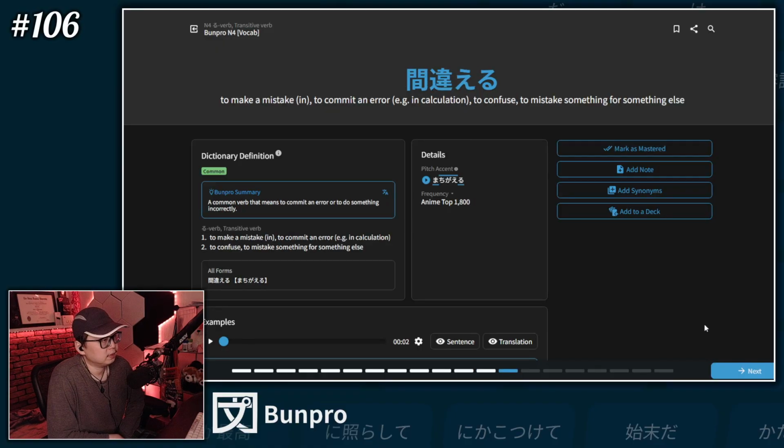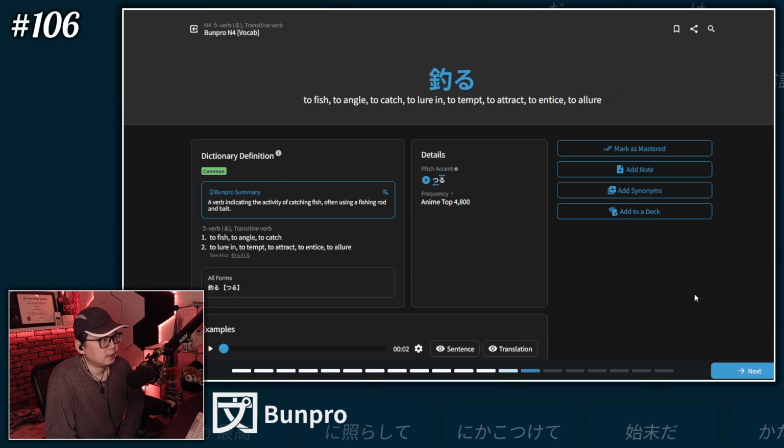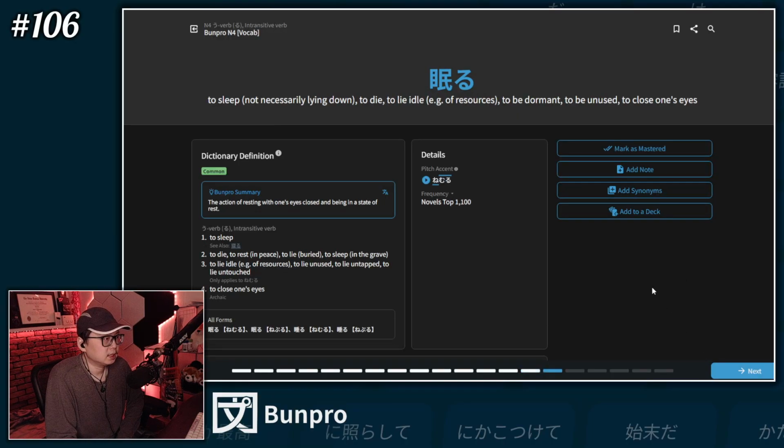A common verb that means to commit an error or to do something incorrectly, right? Okay. A verb indicating the activity of catching fish, often using a fishing rod and bait. The action of resting with one's eyes closed and being in a state of rest.